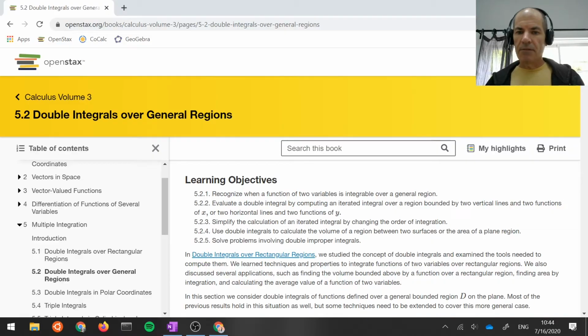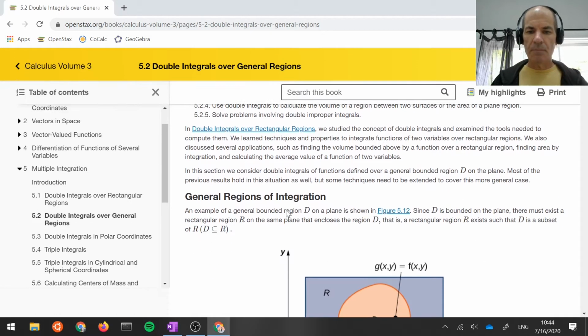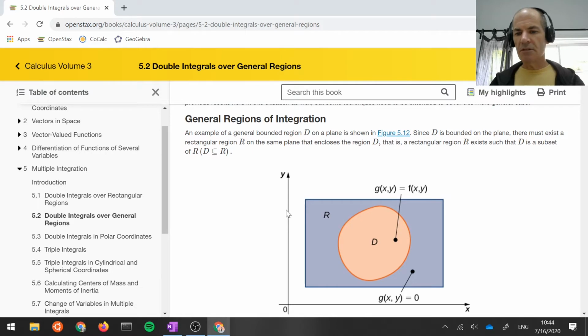All right, flyover here. So general regions of integration, like this pinkish region D, you can see it's got this wavy boundary to it. How are we going to manage this?